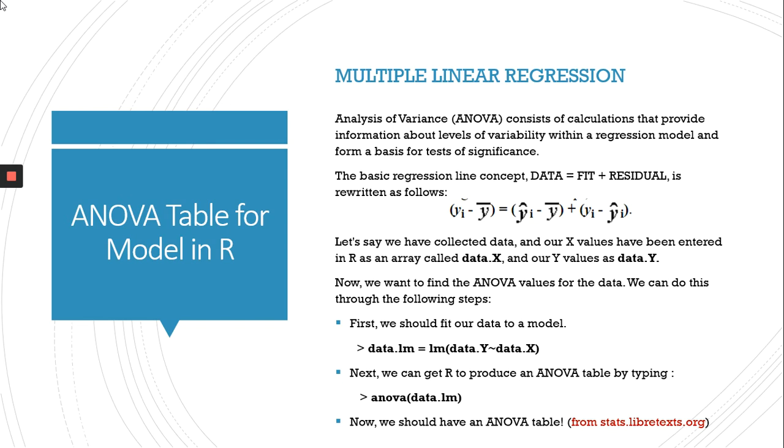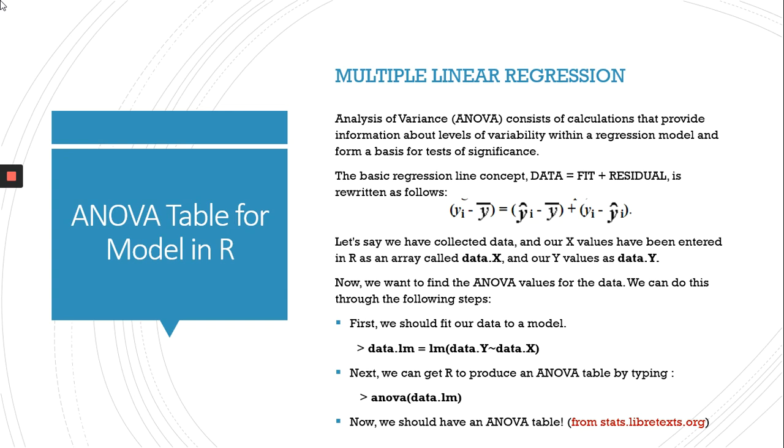Let's say we have collected data and our x values have been entered in R as an array called data.x and the y values as data.y. If you want to find the ANOVA values for the data, we can do this through the following steps.